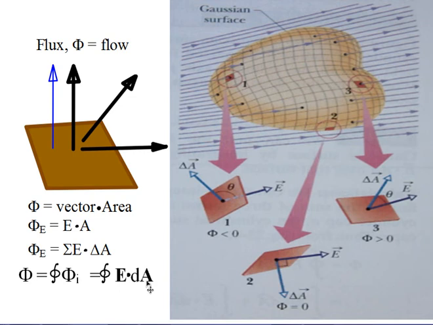And this then is the flux for the whole surface. It ought to have an E as well. This continuous summation of these little bits of flux, the field strength dotted with the little infinitesimal of area.